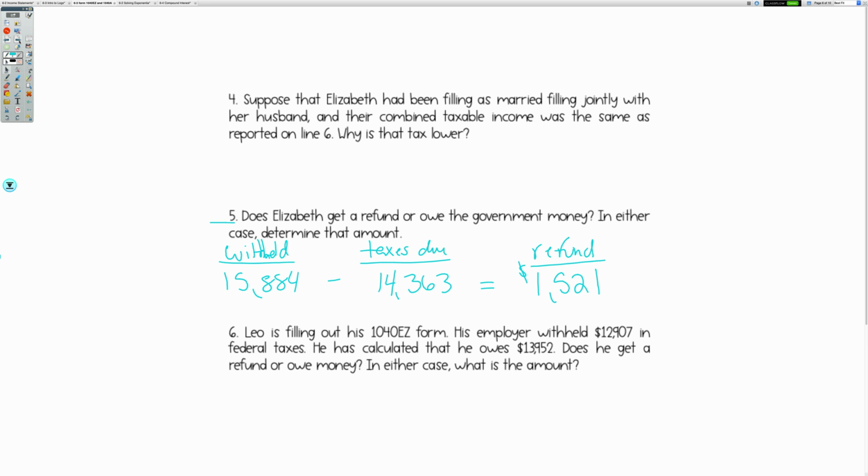So it's less because it'd be two individuals sharing that same amount of money, so you don't have to pay as much in taxes. What was the wording I did earlier? I don't remember. Yeah. So why is the tax lower?